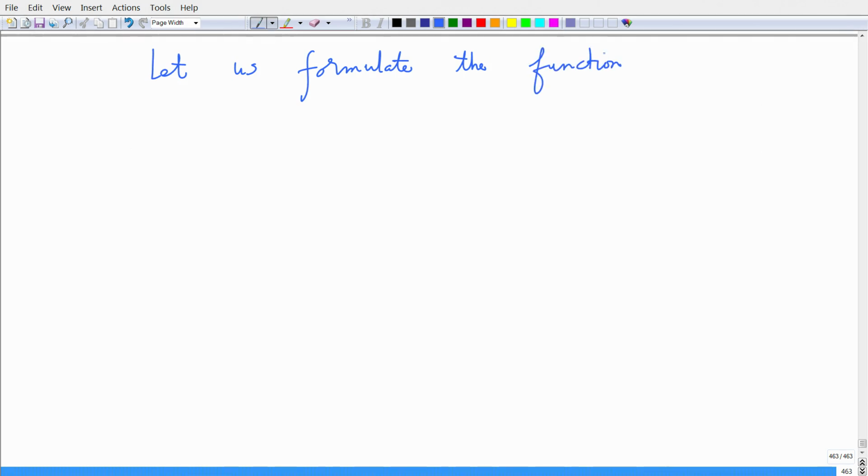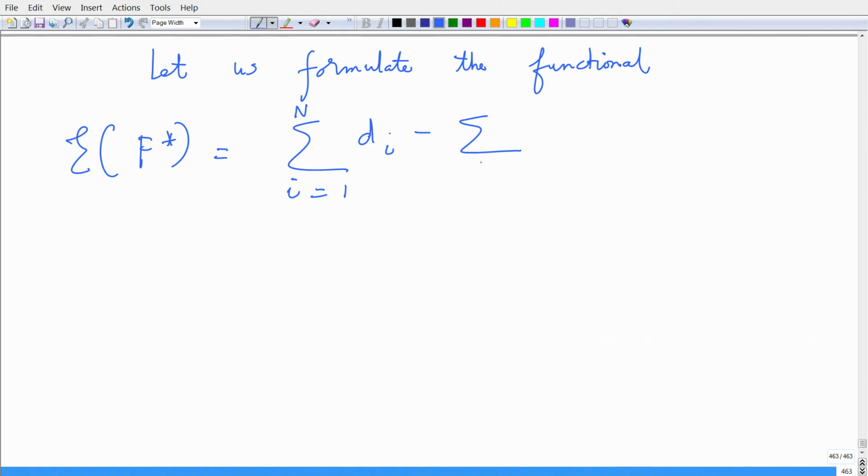So, we will formulate the Tikhonov functional as follows: E of f star is the summation i equals 1 to capital N of d suffix i minus summation, where this f, my approximation, is over m1 units.